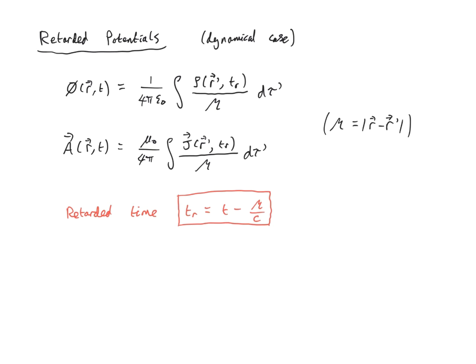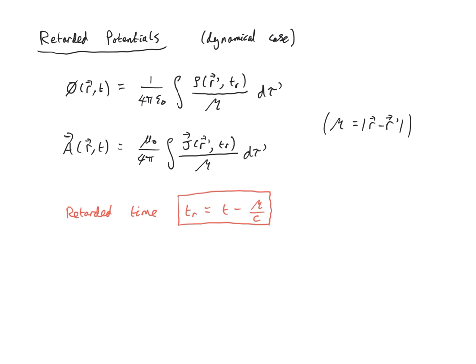Note, however, that there is no such thing as retarded electric and magnetic fields. We have a concept of retarded potentials coming through this formulation, but there's no such thing as a retarded field. We can't think of the fields directly in terms of the charge density and current density at the retarded time.